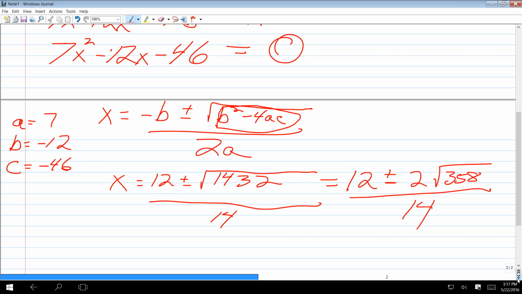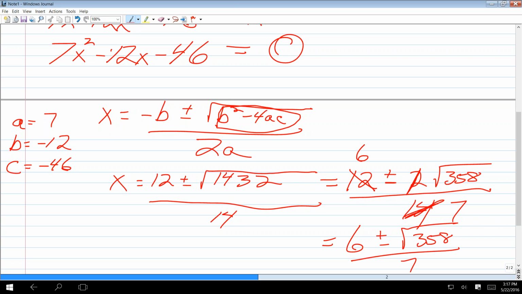What can I divide top and bottom by? 2. And that's it. So I'm going to divide that by 2, I'm going to divide that by 2, making it a 1, and I'm going to divide that by 2, making it a 7. So our final answer is 6 plus or minus root 358 all divided by 7.